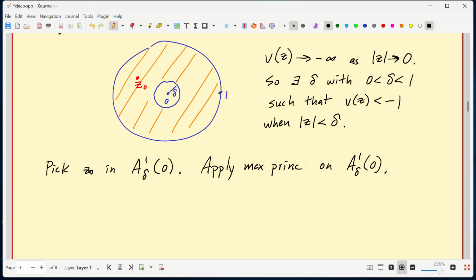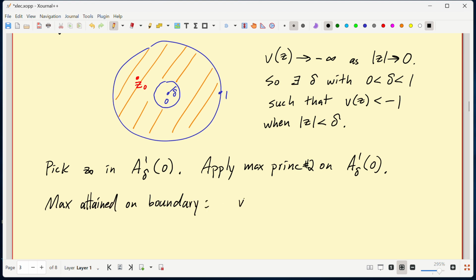So it's maximum principle number 2, remember? Max occurs on the boundary. In fact, it's attained on the boundary.